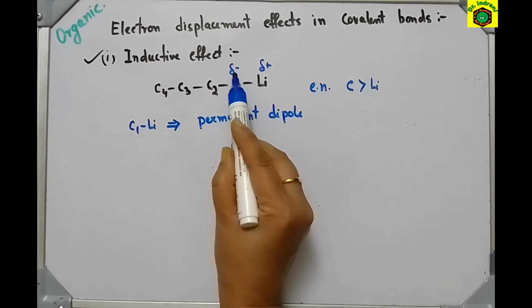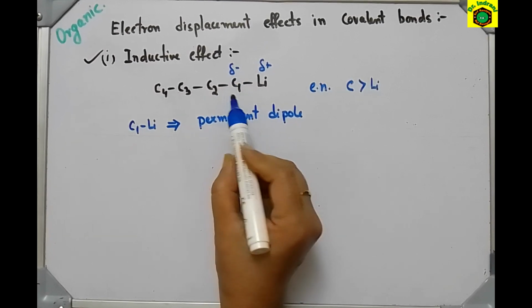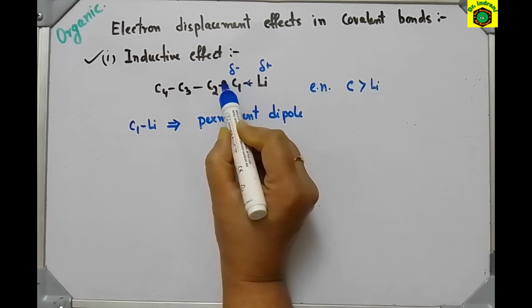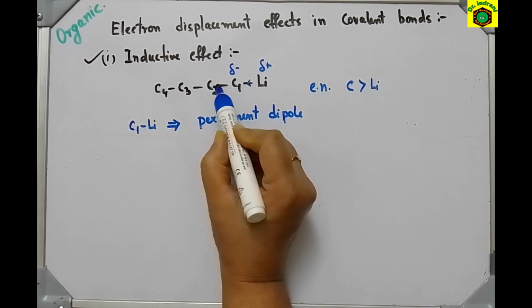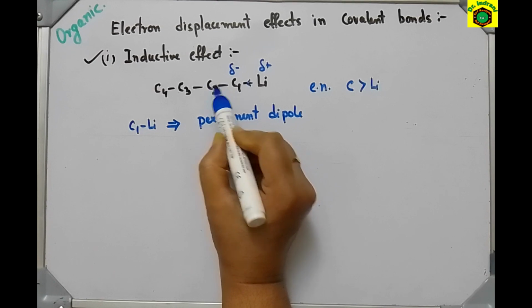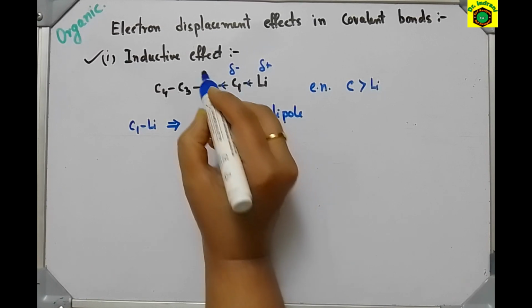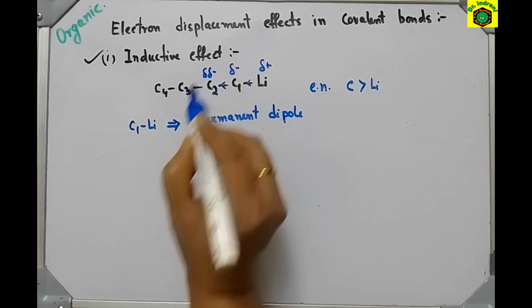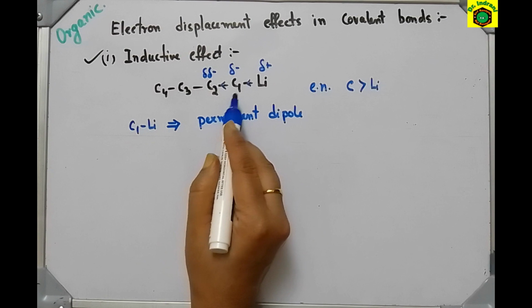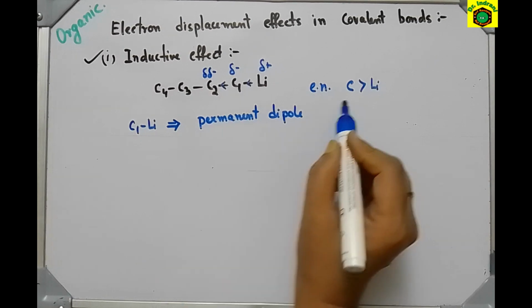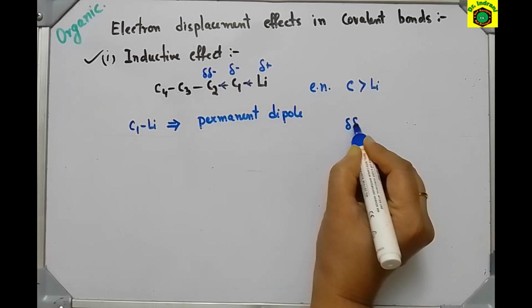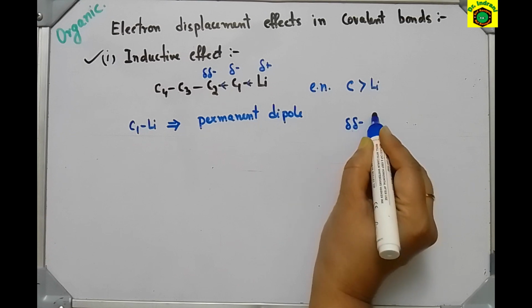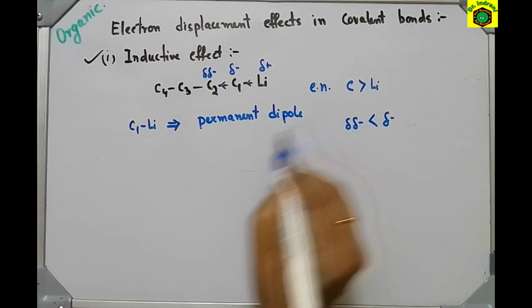And since it is having a partial negative charge, what will happen? It will repel electron density towards C2 and C2 becomes slightly negatively charged. So we can write delta minus, the magnitude of which is smaller than on C1. And here we can write this is smaller than this one.